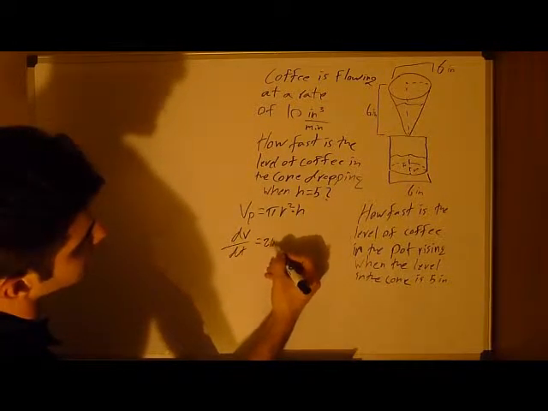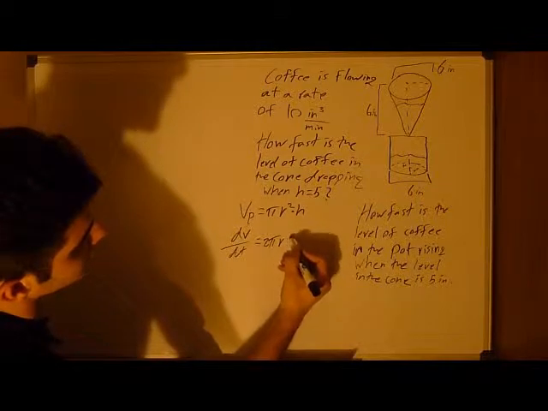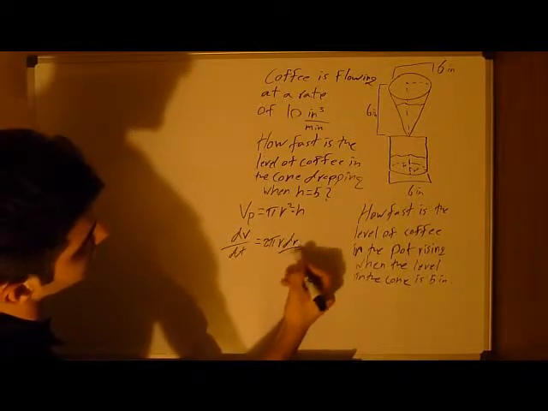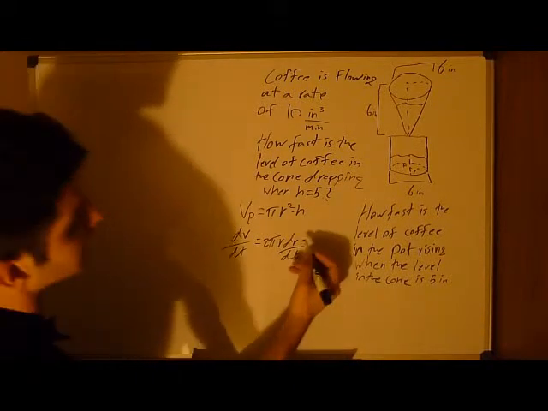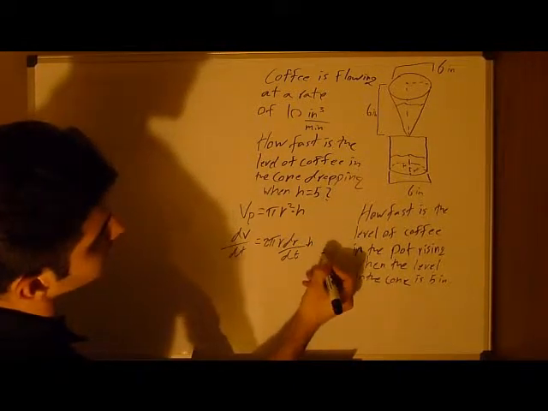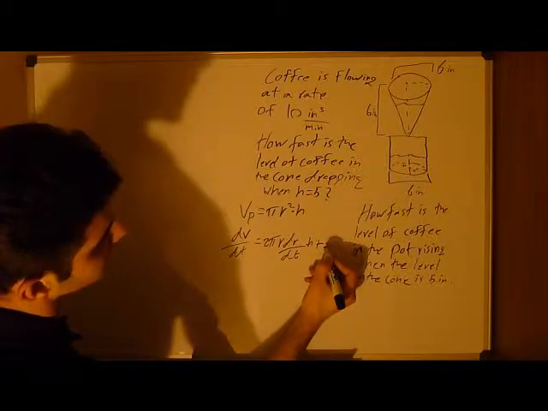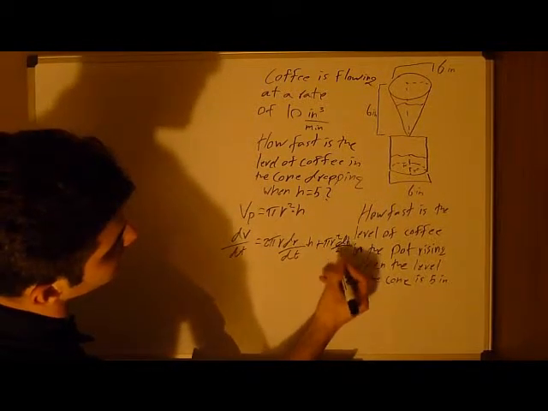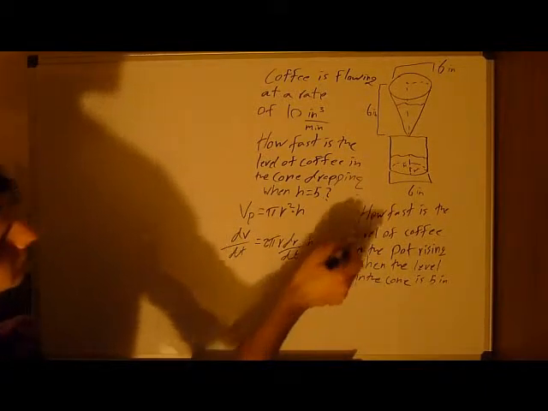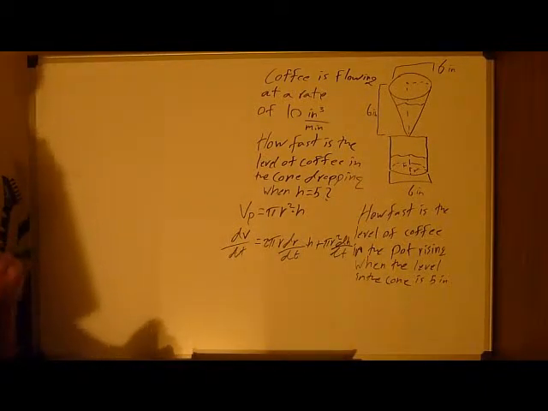It's going to be 2 pi r dr dt times h plus pi r squared dh dt.